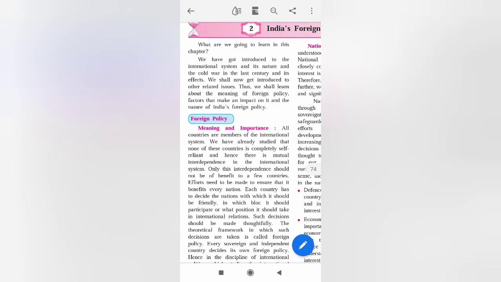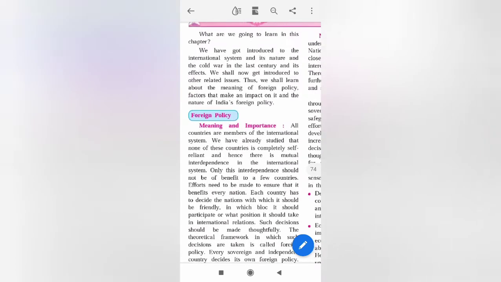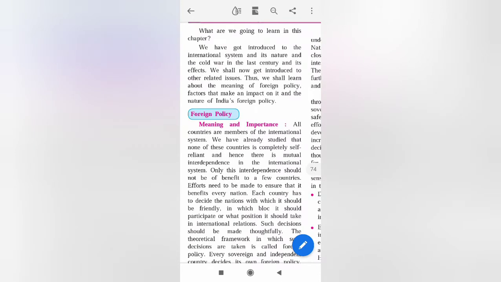Now, in the previous lesson we have seen World War First, World War Second. Then after World War, we saw the world was under the tremendous pressure of Cold War. And this Cold War was between America and Soviet Union.